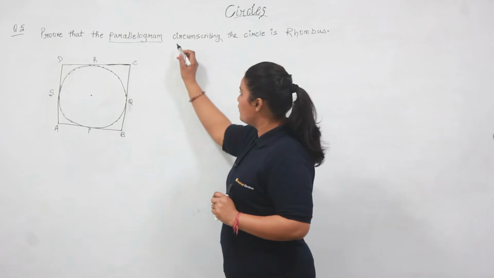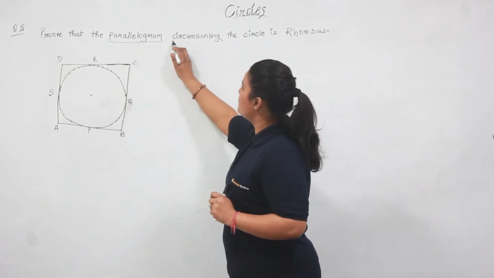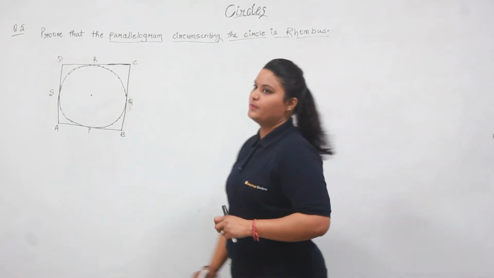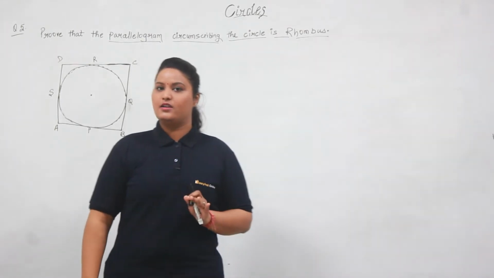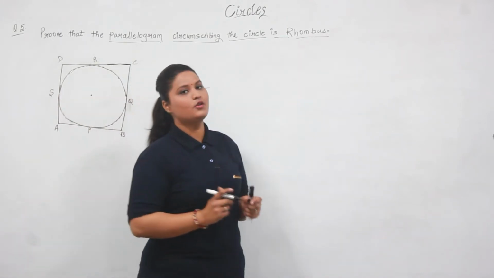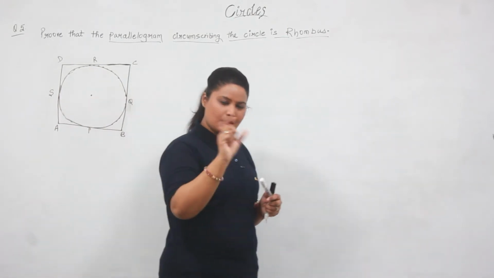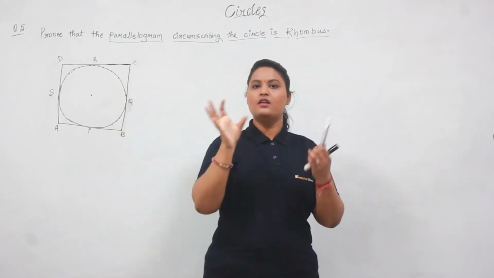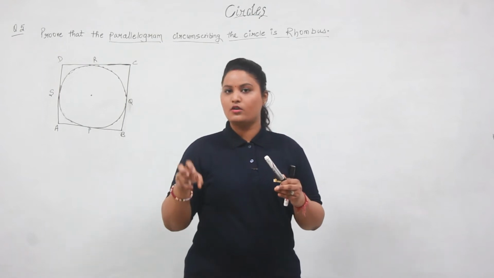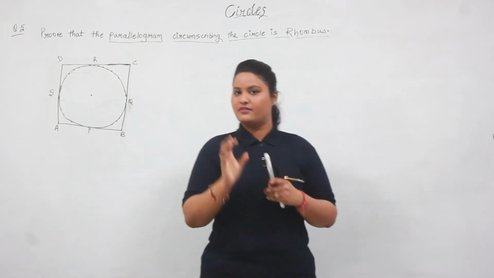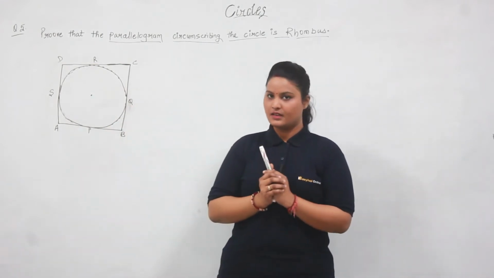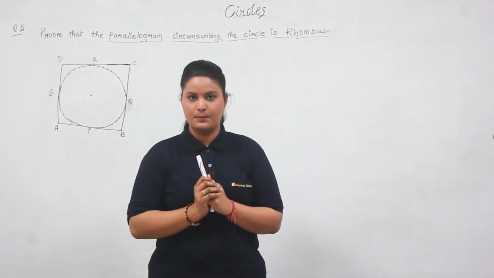Now we have to prove the parallelogram circumscribing the circle is a rhombus. It is a parallelogram. It is proved. But I have to prove that it is a rhombus. So there are some basic differences between a rhombus and a parallelogram. So focusing on the properties of the rhombus, we have to prove that ABCD is a rhombus. Correct? You understand the question?